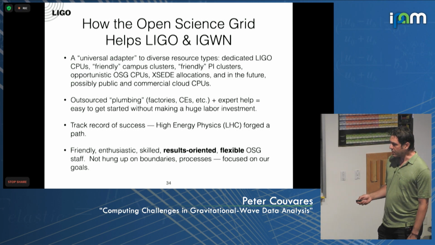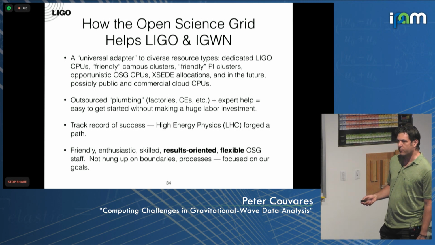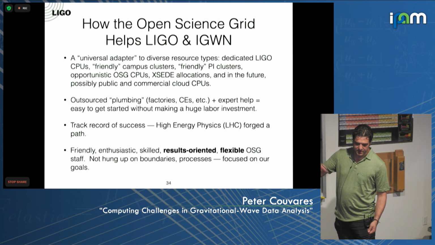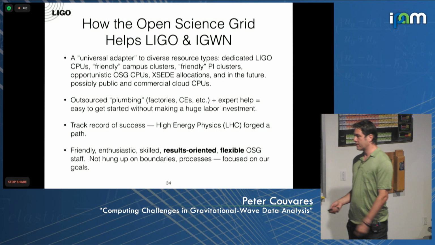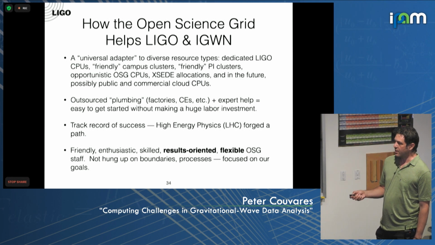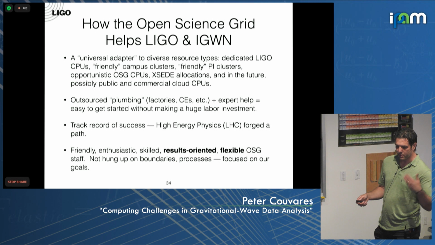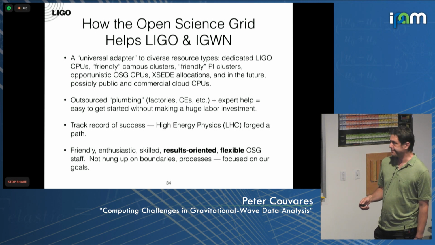And so they're very helpful in hand-holding individual cluster administrators into working with us and in getting our codes running on them. And OSG really came out of the high-energy physics world. The LHC experiments needed it for the same reason we do before we did, and evolved OSG. And we were the second wave of science experiments to use OSG.